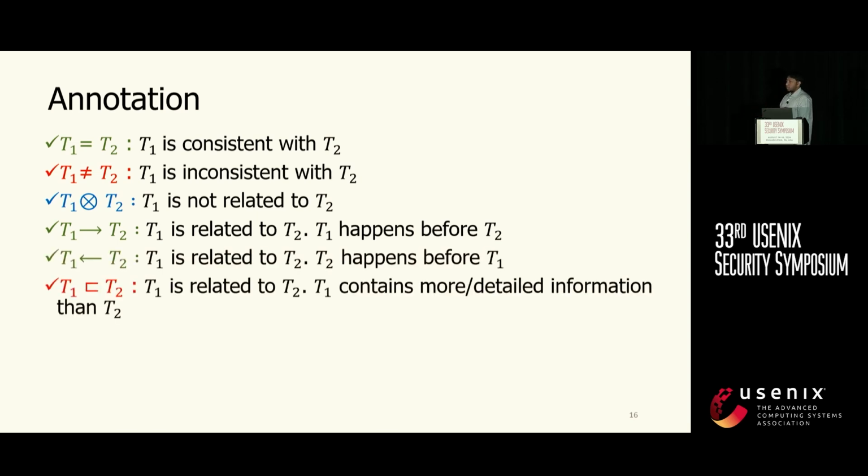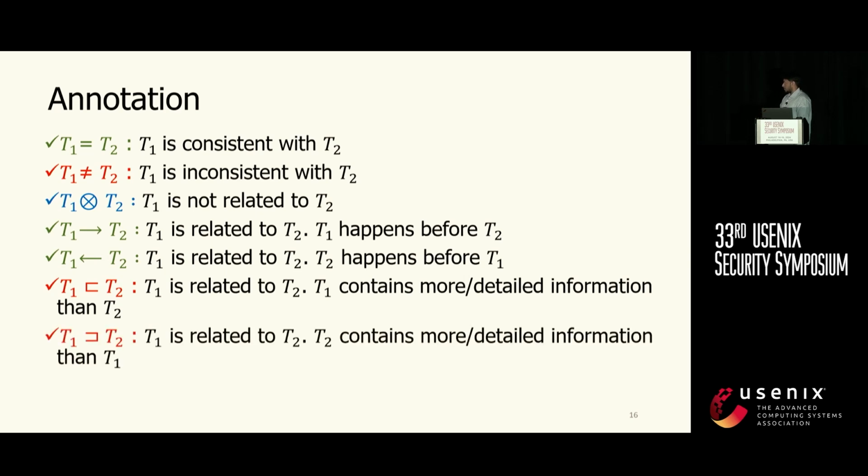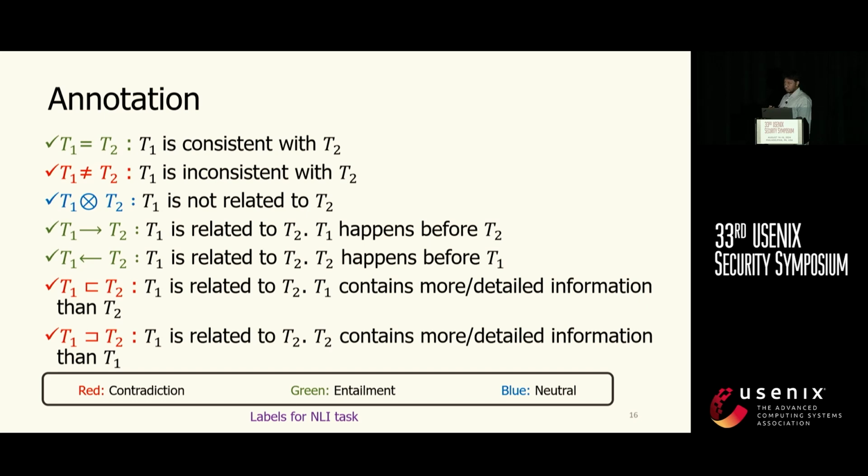Also, whether T1 has more information than T2 in the same context and vice versa. Out of these seven annotations we devise, we map them to the general purpose NLI labeling, which gives us an idea of how to map the cellular network datasets for the NLI task.